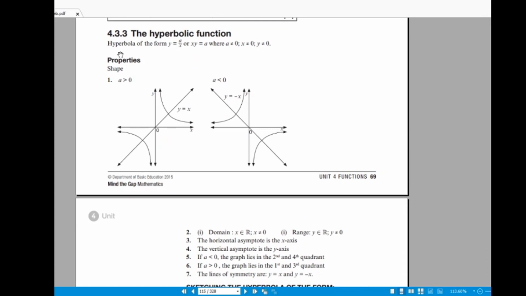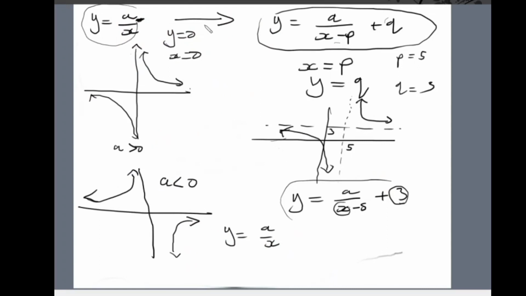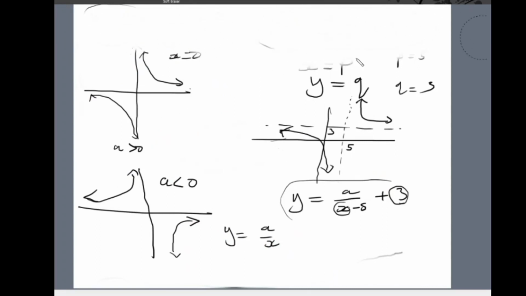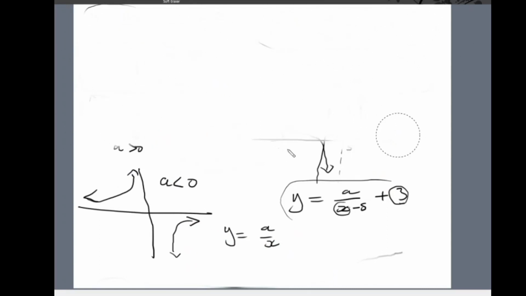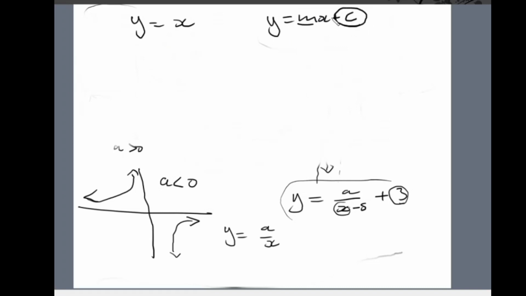In fact, for all the other functions, even the line graph, the standard form will be y equals x, and the other forms are simply transforming this standard form. The other forms, y equals mx plus c, simply transform this original form by changing the gradient and by making vertical shifts on the function.